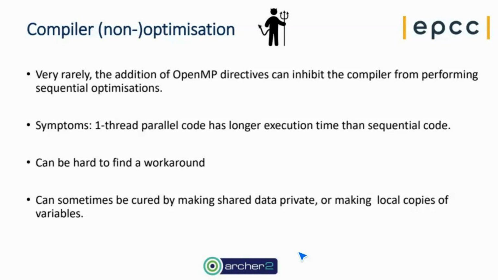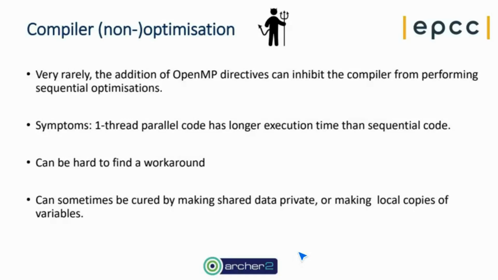So the compiler is creating new functions, and private variables become local variables inside that created function, and so on. So yes, it really is executing different code than the sequential code if you've compiled with OpenMP.